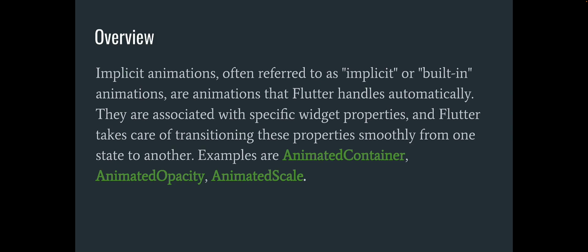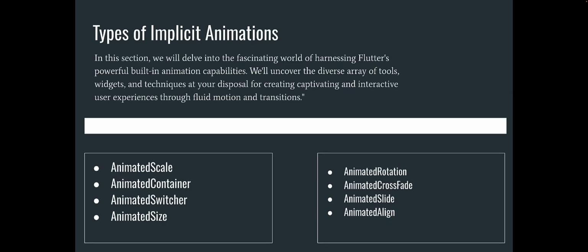Examples of these are animated container, animated opacity, animated scale, and all of that. In this section, we'll delve into the fascinating world of harnessing Flutter's powerful built-in animation capabilities, and uncover the diverse array of widgets and techniques at your disposal for creating captivating and interactive user experiences through fluid motion and transition.